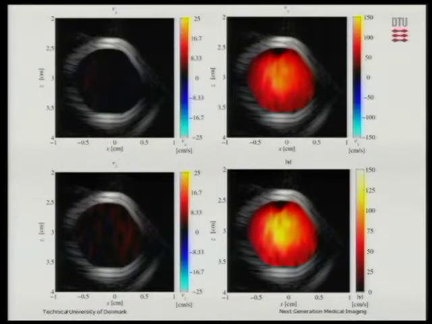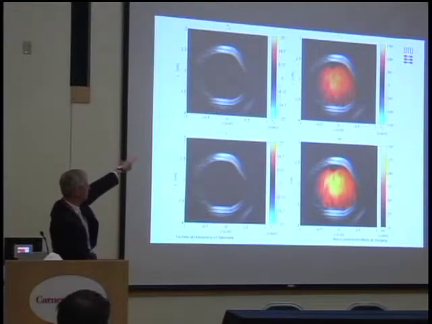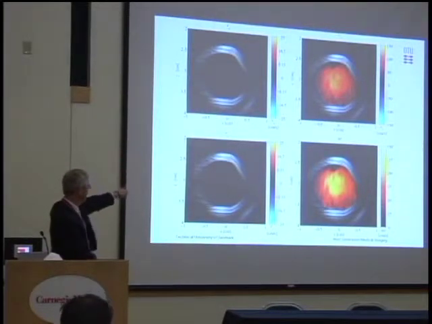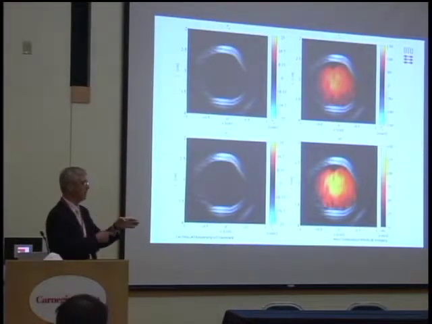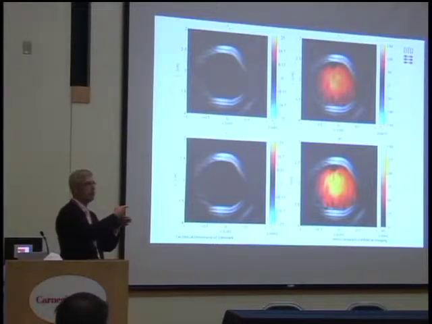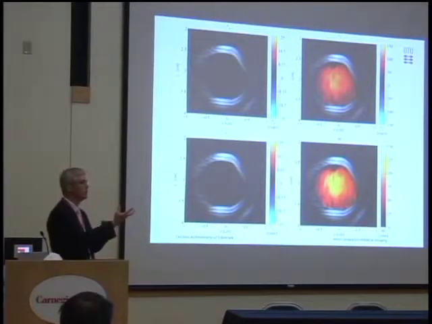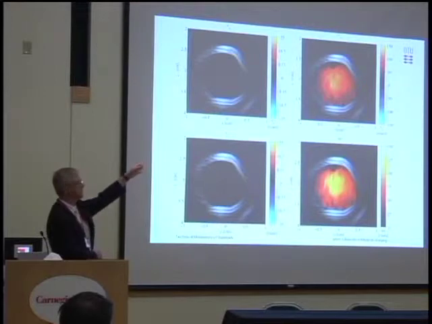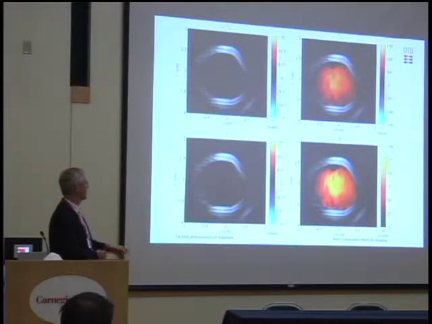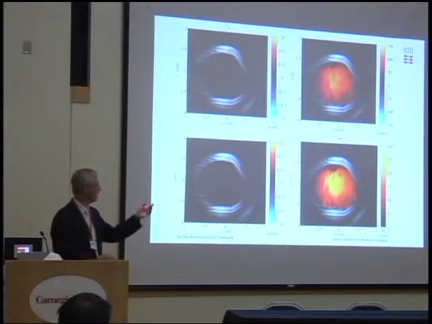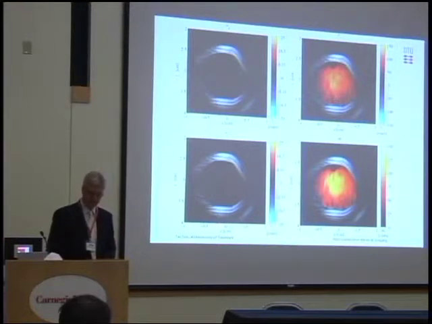So here you can see Vx is the transverse direction, Vz is the depth direction, and Vy is the direction going in and out of the plane. By using a 2-dimensional array, you can actually see all 3 velocity components, and then you can see that you have a fairly round flow in this.